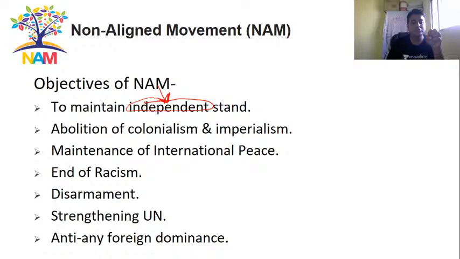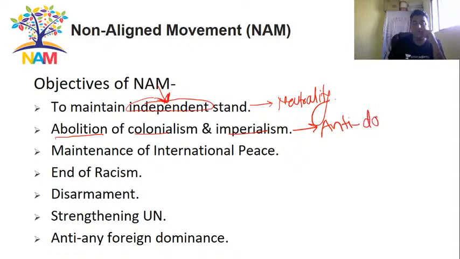To maintain independent stand, that means neutrality. The second objective, abolition of colonialism, imperialism, in other words mentioned as anti-dominance.